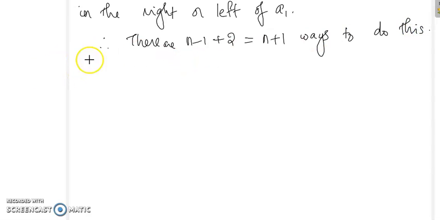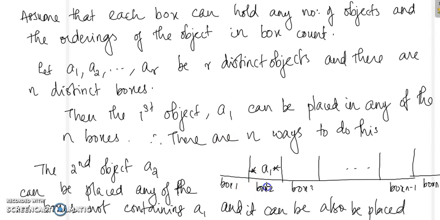And now let us look at what happens in the case of A3. So say my A2 is here, and now if A2 is here, I can put the object A3 in these n minus 2 boxes.